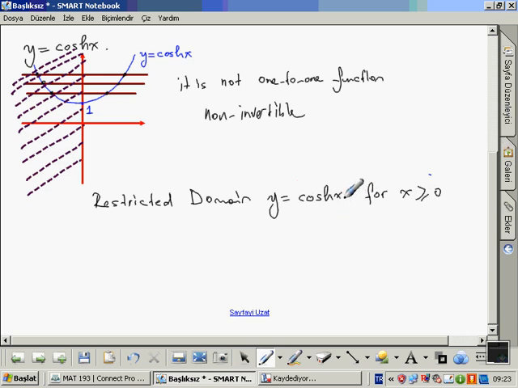So the range will be y larger than or equal to 1, okay.